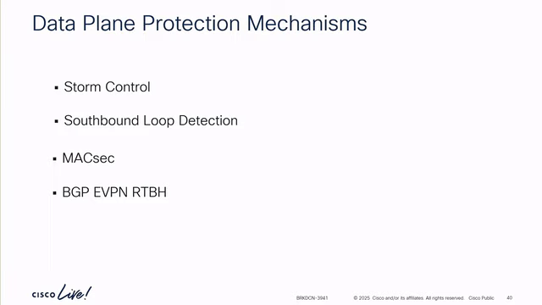Some relate to confidentiality, some relate to integrity, some relate to availability of the system. So we'll start off with storm control. Then we'll move on to southbound loop detection, MACsec, and BGP EVPN RTBH in the context of VXLAN EVPN.